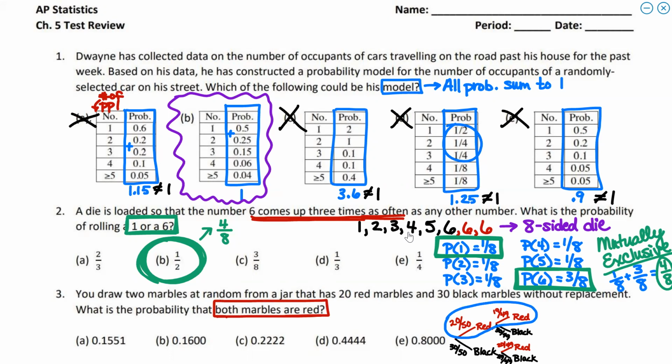How do I find the probability that both of these events happen, that it's red and red? Multiply. So I'm going to multiply 20 over 50 with 19 over 49. You're going to need to pop that into your calculator to see what you get. And then we will know which of these answers is correct.